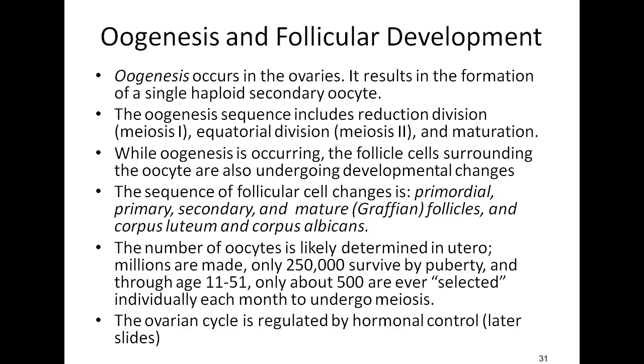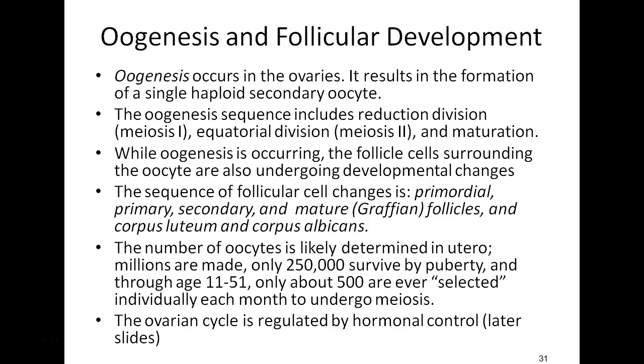It's noteworthy that a female is born with most of these primary follicles and primordial follicles before she's even born. In other words, millions are made in utero, but only about 250,000 survive by puberty.